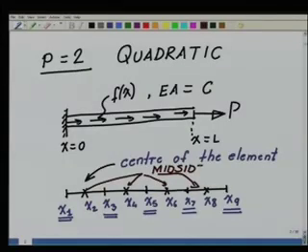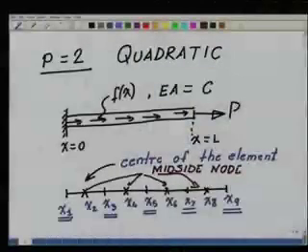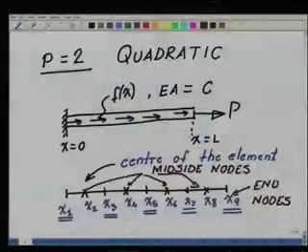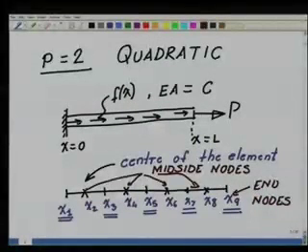And the points x1, x3, x5, x7, x9 are called the end vertices or simply the extremities of the elements. So these points become end nodes, or element nodes, or extremities of the elements.